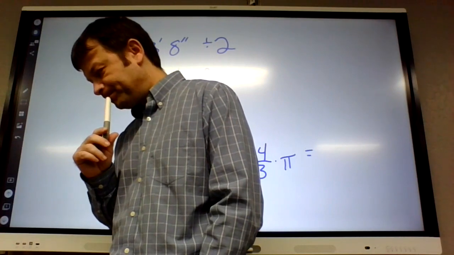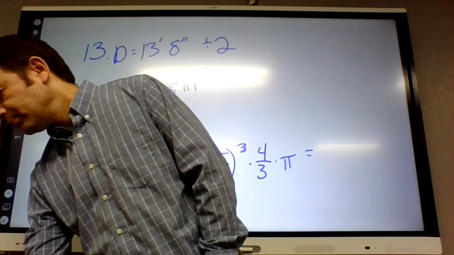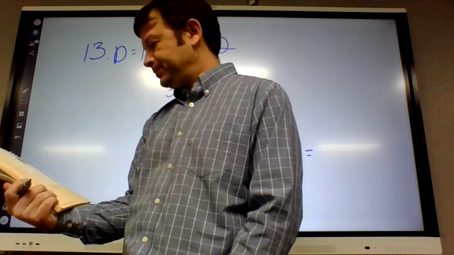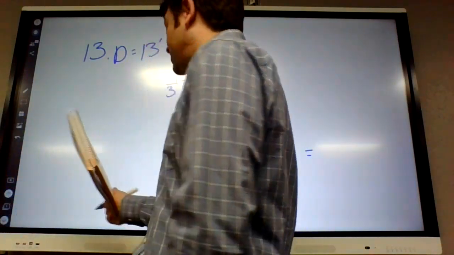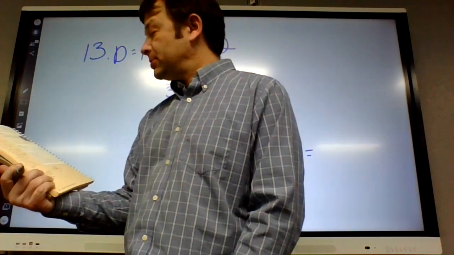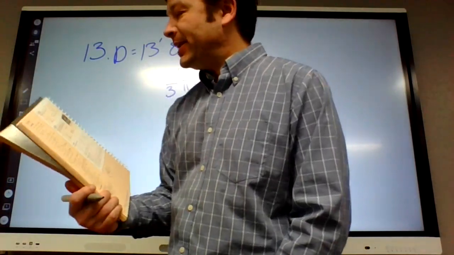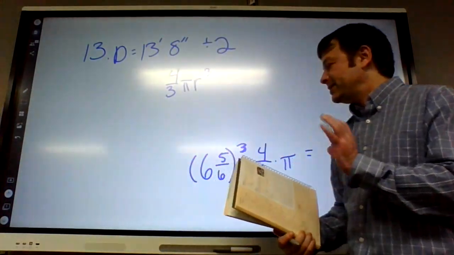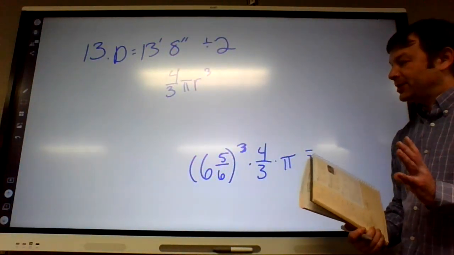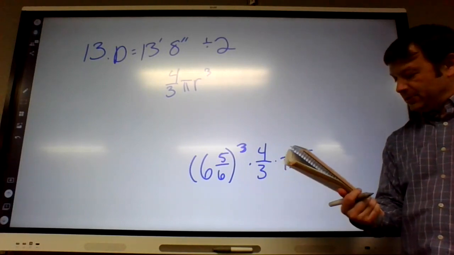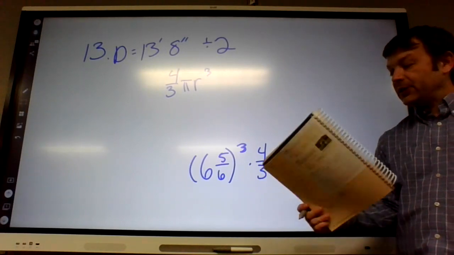Maybe they do. What do we get? Oh, and you do need to plug the pi in. We're converting this to gallons, so we need it as exact as we can get to get actual answers. So when we convert it into gallons, we'll get it right.